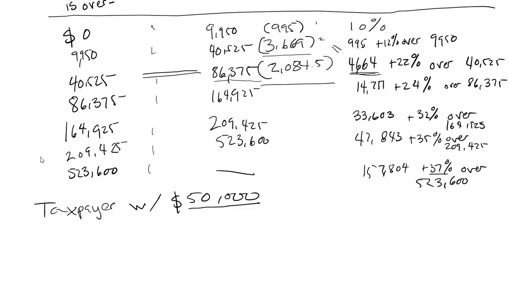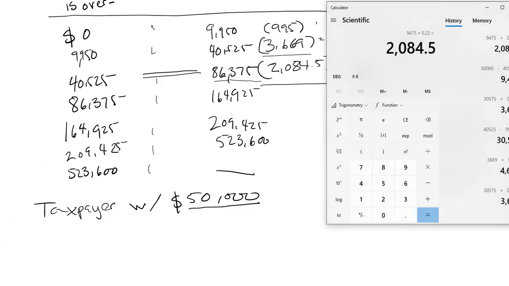So what we can do, not as a cheat per se, but as a shortcut, is take that $4,664, hold that, and then take 22% of anything over $40,525. And again, remember, we know that number is $2,084.50 because we just derived that in the calculator prior by taking that 9,475 multiplied by the 22%.